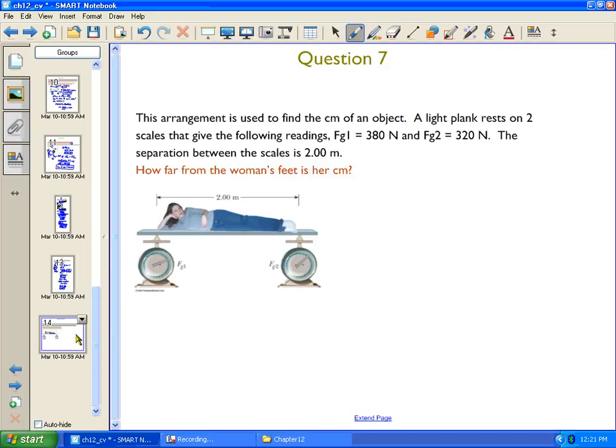Okay, last problem here. We are told that the arrangement shown below is used to determine the center of mass of an object. It's a light plank. In other words, we're to assume that it has no weight whatsoever, which is not right, but this is what we're told to do. And this light plank is resting on two scales.